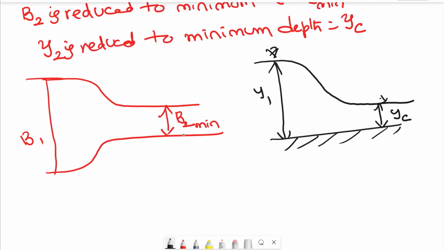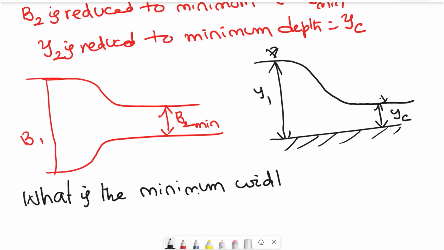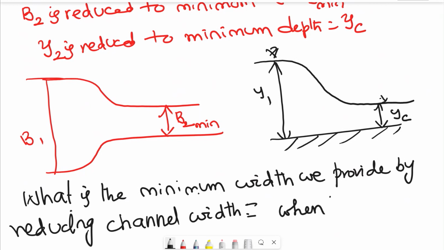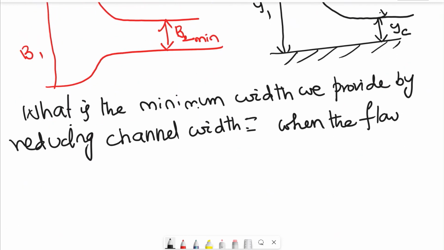So the minimum width we provide by reducing channel width is when the flow becomes critical flow.